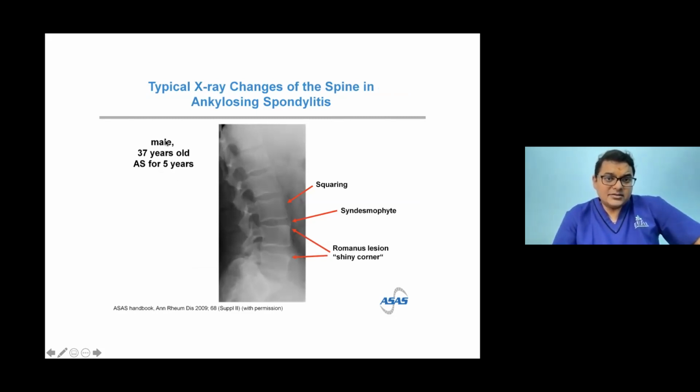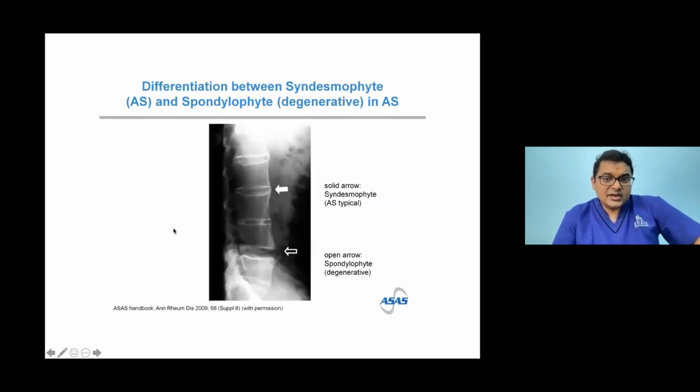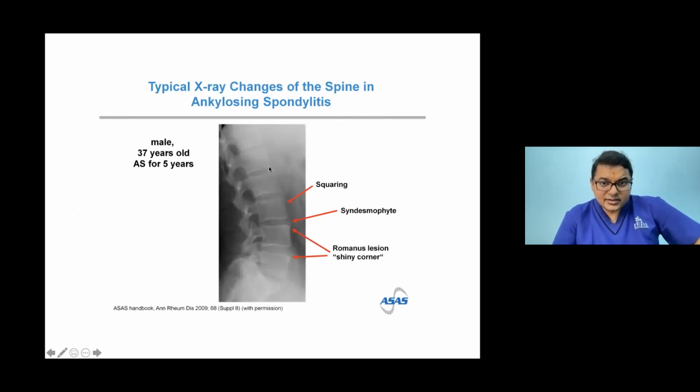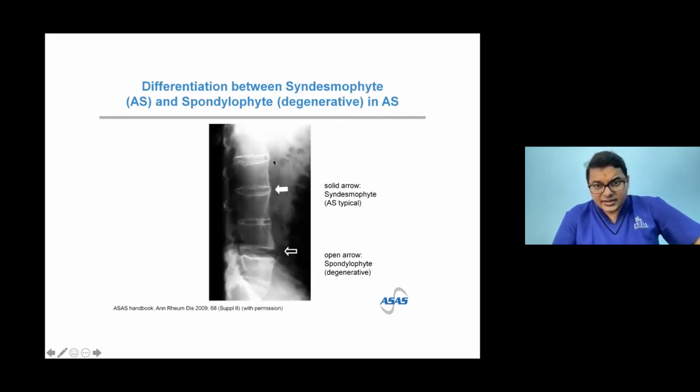More commonly in males between 15 to 45 years is where we see this disease. In advanced stages, compared to this part, you see there's a break in this, there's no joining. But if you go to the next slide, all these edges of the bones are joined. We call that syndesmophytes.